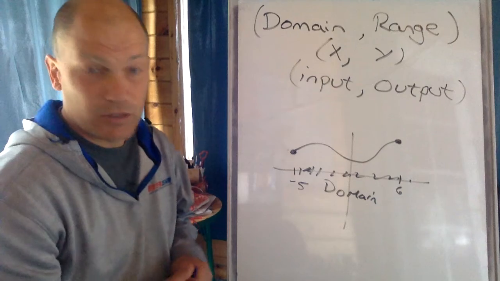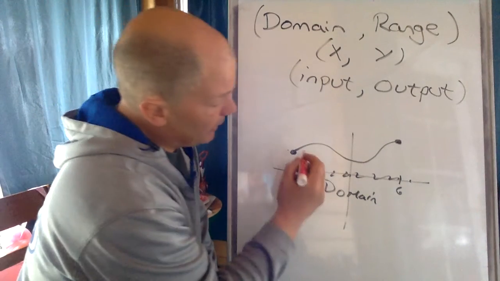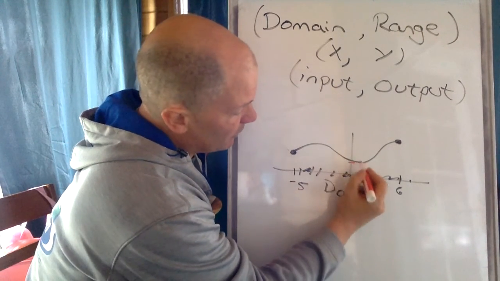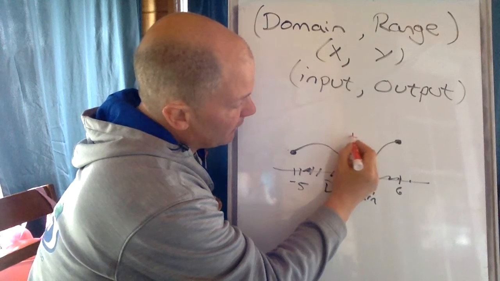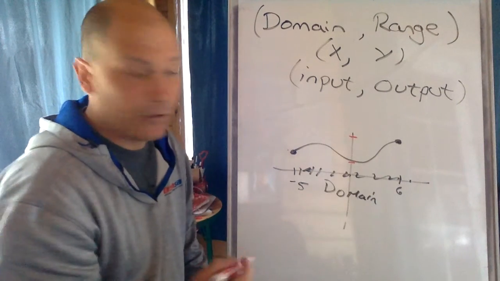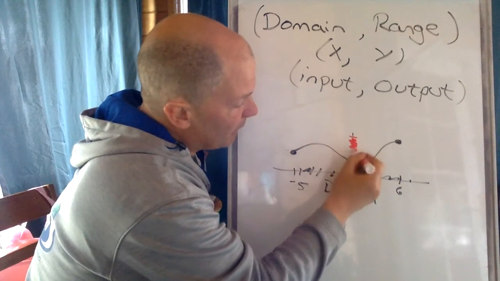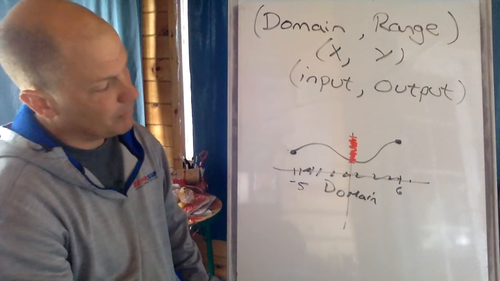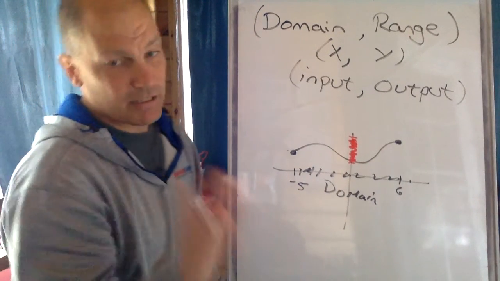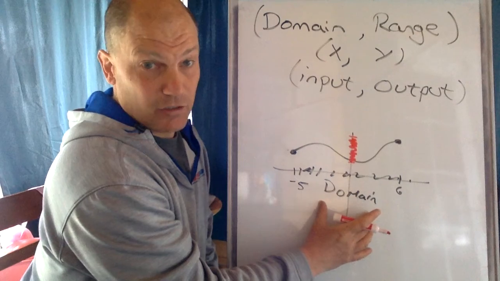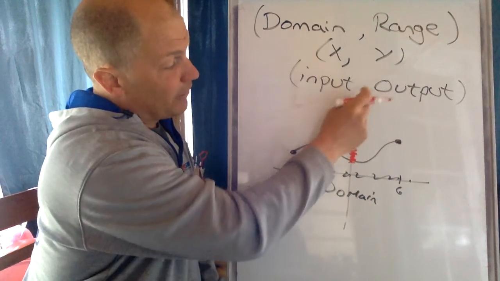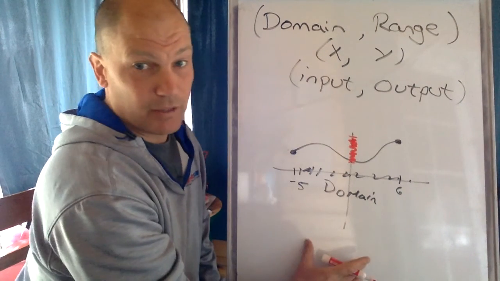And then if we want to talk about the range, it's all the values from here to here. It's all the output values. And it would only have output values from there to there. Right? Whatever I plug into the domain, I'll never get an output value that's way up here or one that's way down here.